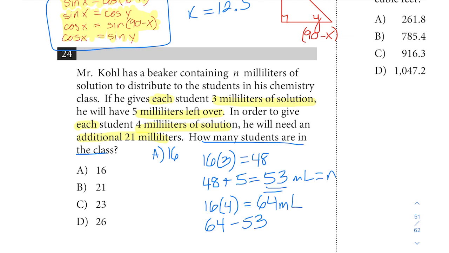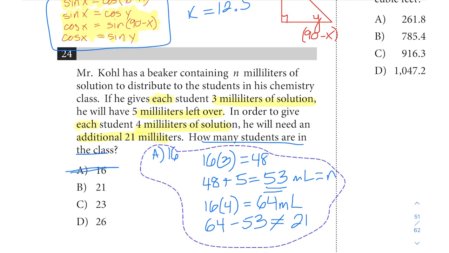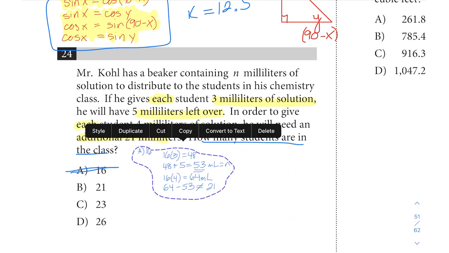We can check: 64 minus 53 would only be an extra 11 milliliters that he would need in order to provide each student with 4. So that doesn't work for this answer choice, because 64 minus 53 is not equal to 21. So we can say no to answer choice A.